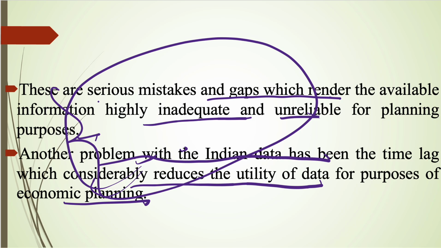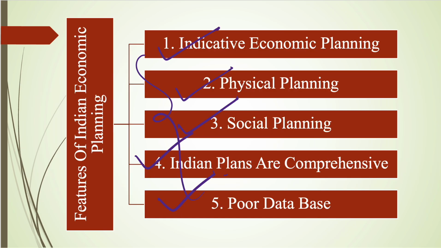So these are the several features of Indian economic planning. I again summarize all the points so that you can easily understand the topic. First is indicative economic planning, which covers all the related factors. Second is physical planning. It should be converted into physical implementation of the planning, based on an authentic database.